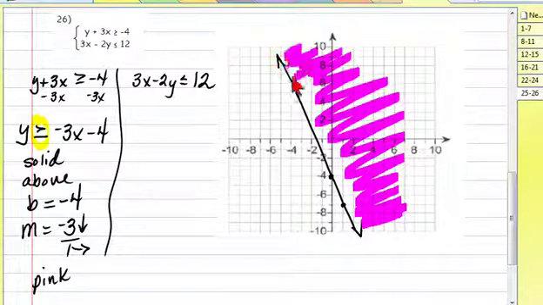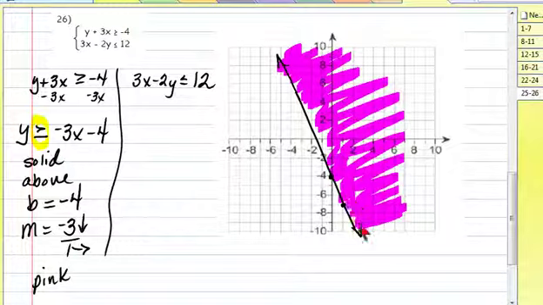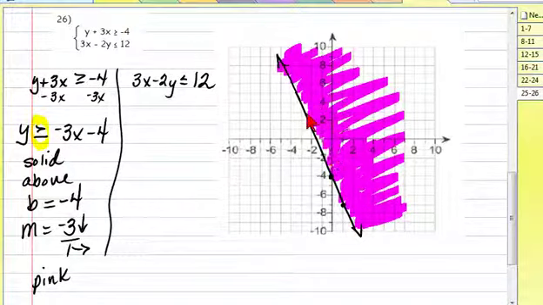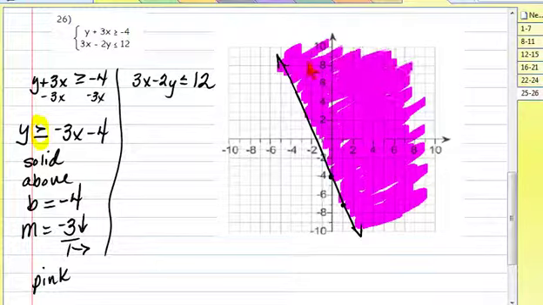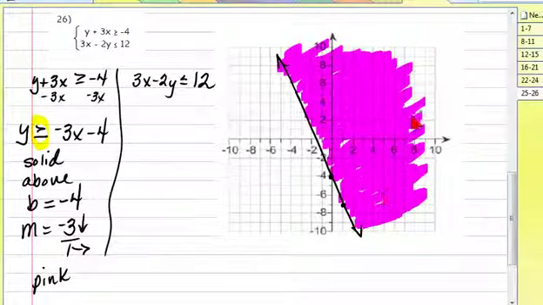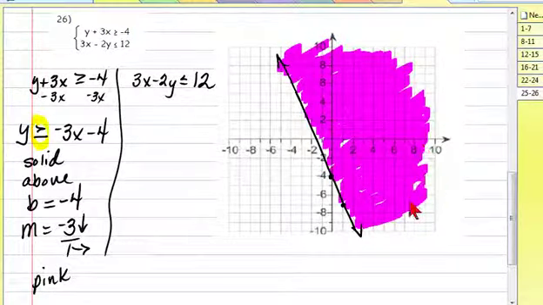This is more purple than it is pink, but okay, getting a little carried away with my coloring. I'll move on. The second inequality.